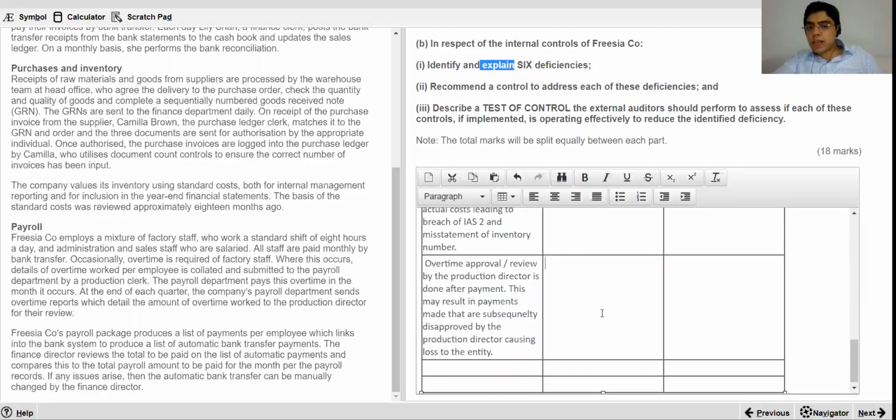Because overtime approval is happening after the payment is done, the production director should review and approve overtime prior to it being sent to the payroll department for processing. So you've just altered the timing of the control.